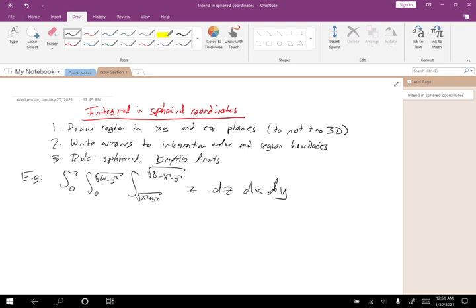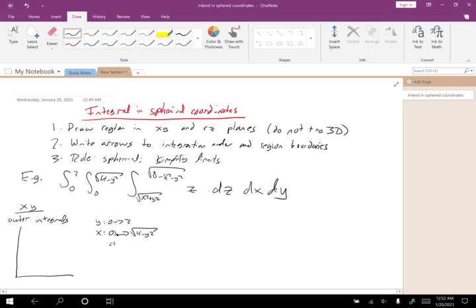So, step 1, draw this thing in the xy and rz planes. So I would look for the outer integrals because those are the ones that we're integrating in. So the outer integrals will tell you how to draw these things in the xy plane. The outer integral tells us that y ranges from 0 to 2, and x ranges from 0 to the square root of 4 minus y squared.